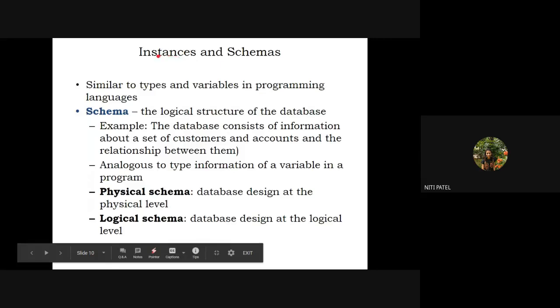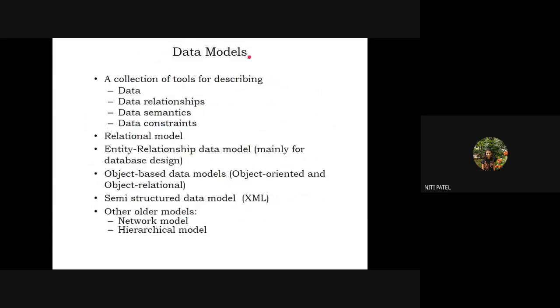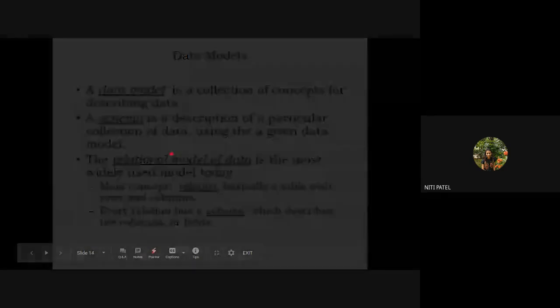Then we saw what is instance and schema. Whatever is available at this particular point of time is called an instance. And what is a schema? The overall structure of the database is considered a schema. Then we saw different models: object model, network model, the semi-structured model which is written in XML, relational model and ER model.